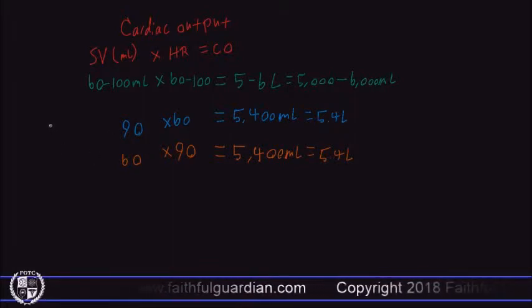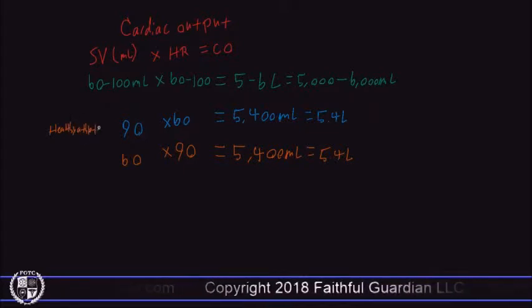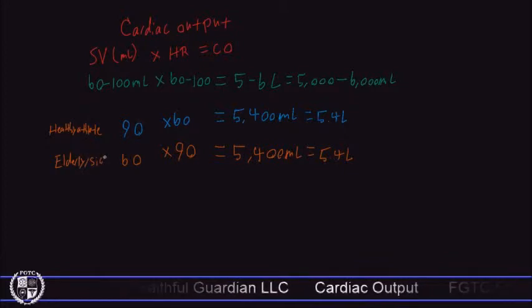So this is your healthy athlete, and this is your elderly, potentially elderly or sick patients. The only thing that really changes is their stroke volume and their heart rate, and those are the two big factors that go into maintaining cardiac output.